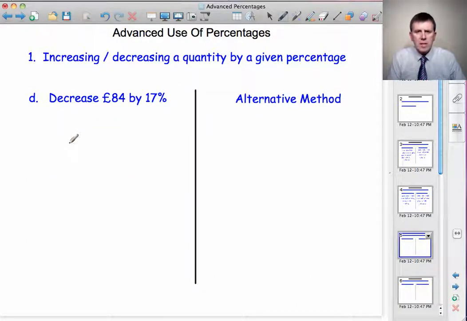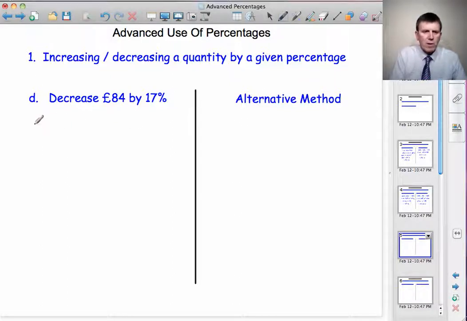And now we look at decreasing a quantity by a given percentage. Decrease 84 pounds by 17%. And we'll begin by using the method that we used in the first lesson. And what we did was we first found 17% of 84 pounds.